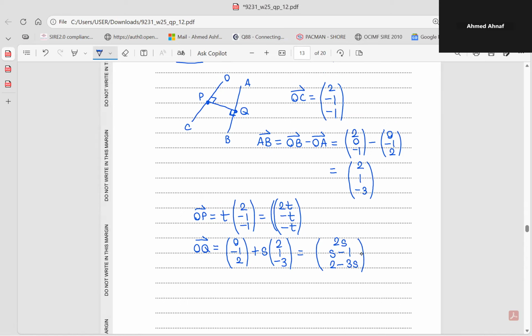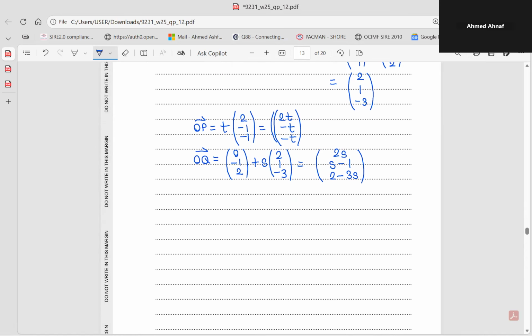Okay, and now let's find PQ. So PQ is just OQ minus OP. So OQ is 2s, OP is 2t, so 2s minus 2t. S minus 1 minus negative t, so plus t. OQ is 2 minus 3s minus negative t, so plus t. Okay. Yeah, so this is PQ.